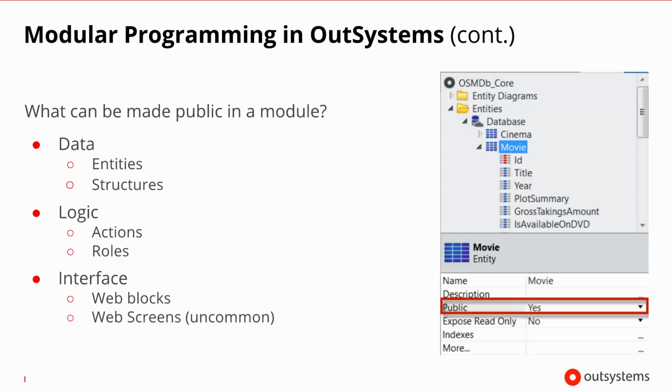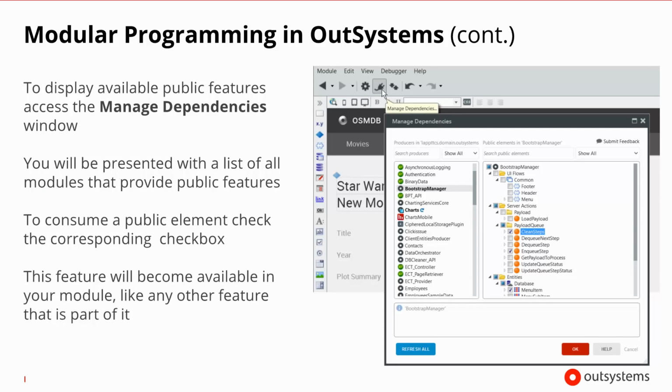Now, after you made your element public and published it to the server, how can you go from another module and borrow that functionality? Well, you access the Manage Dependencies window from Service Studio. In this window, you will be presented with a list of every single module on your server that has at least one public item. To actually consume that item from that producer, you just simply need to tick the checkbox next to it.